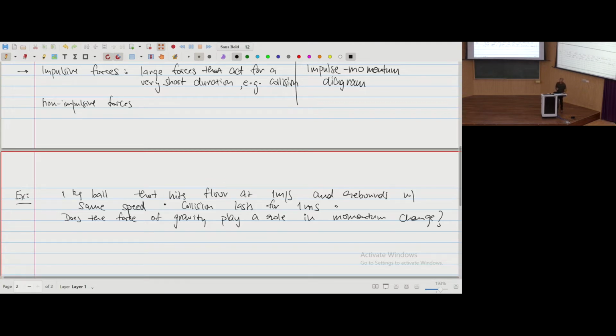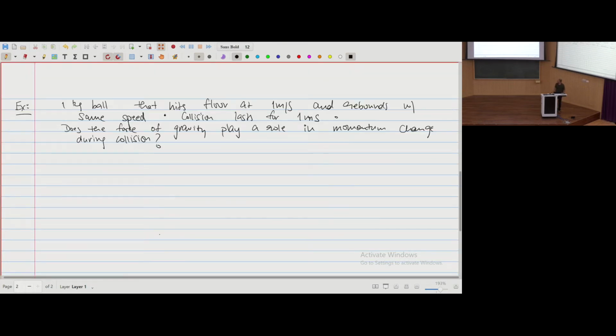The question is, does the force of gravity play a role in momentum change during collision? Problem clear?